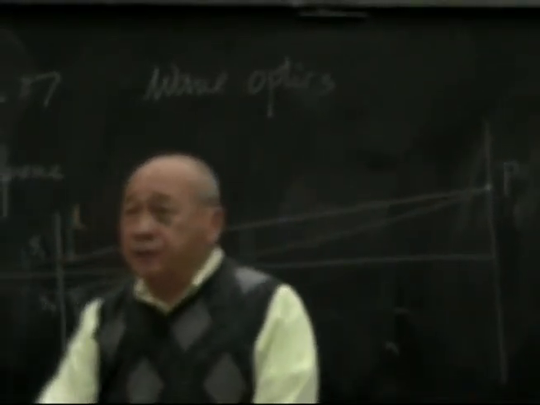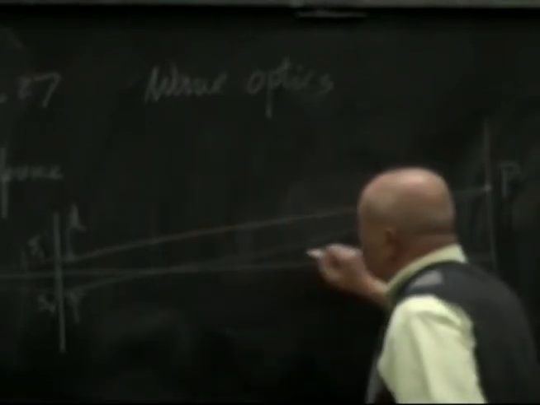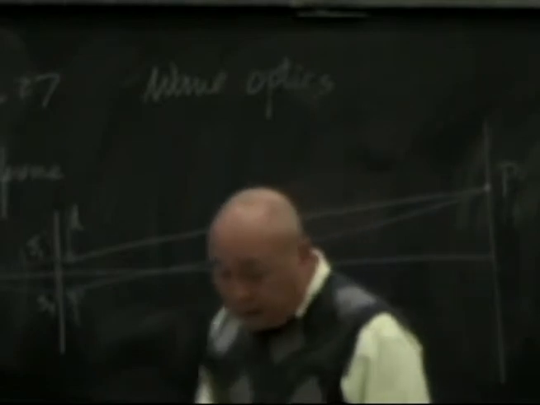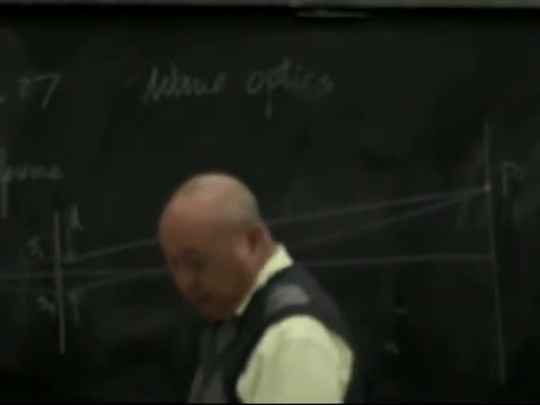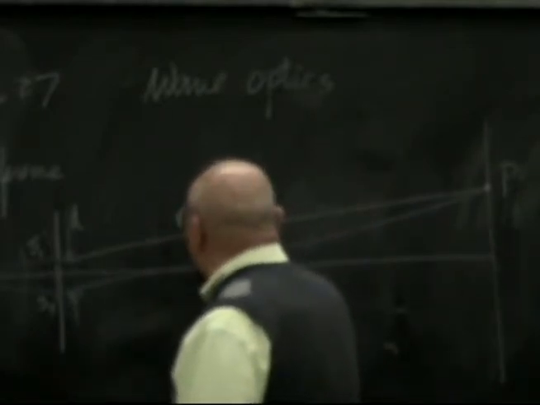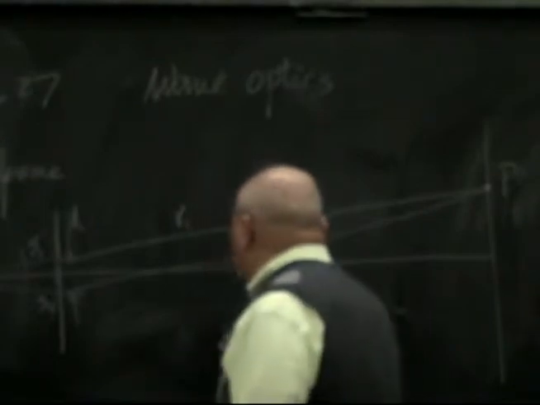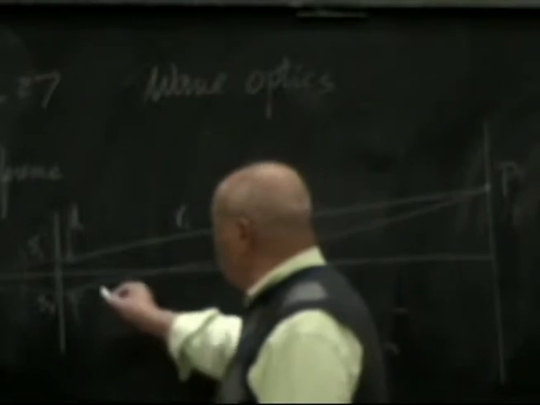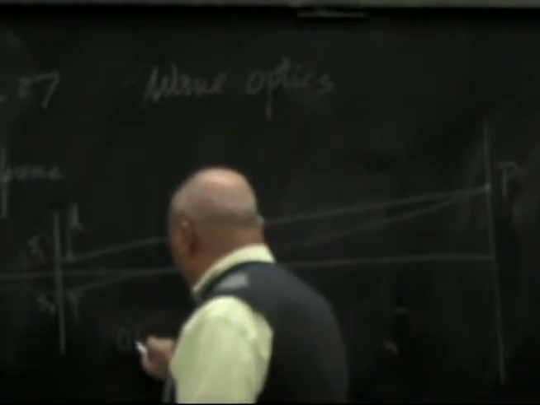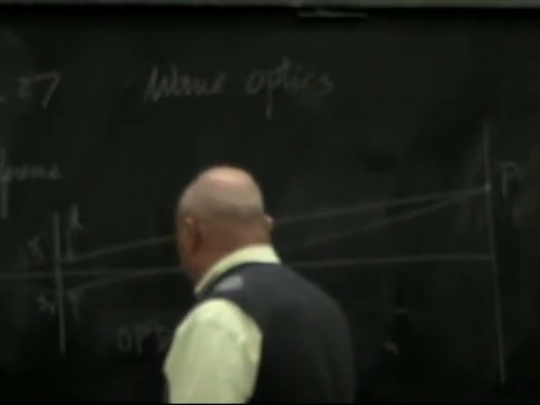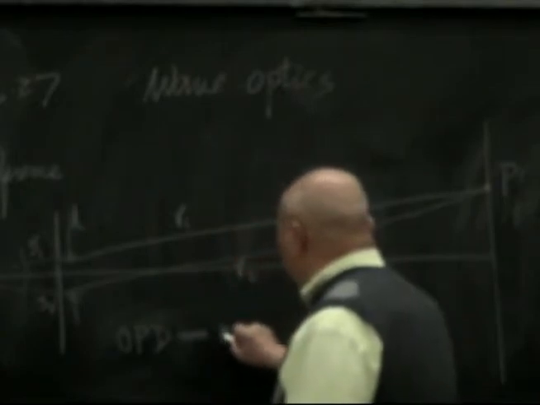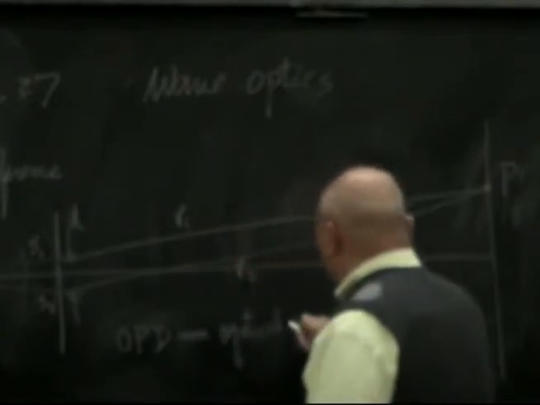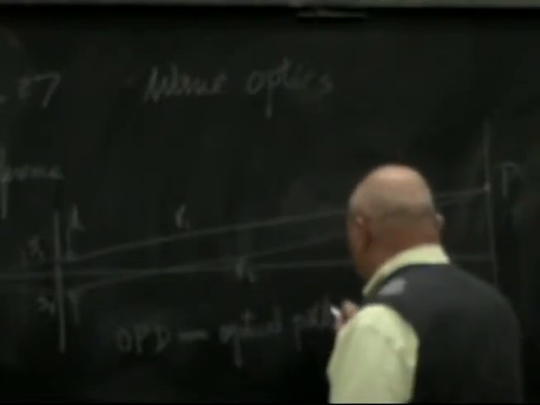So there's a difference in the length of travel. This length has a special name, and in this case it is called optical path. The difference is called OPD. OPD stands for optical path difference.